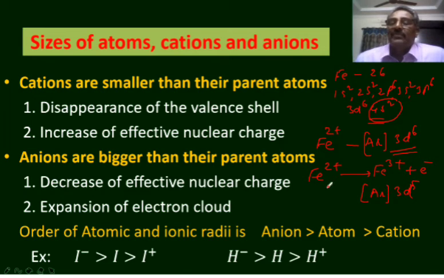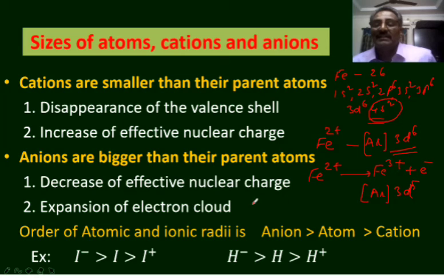In the change of ferrous ion to ferric ion, there is no disappearance of the valence shell, but the number of electrons is decreased. The number of electrons decreases, the screening effect decreases. If the screening effect decreases, the effective nuclear charge increases.